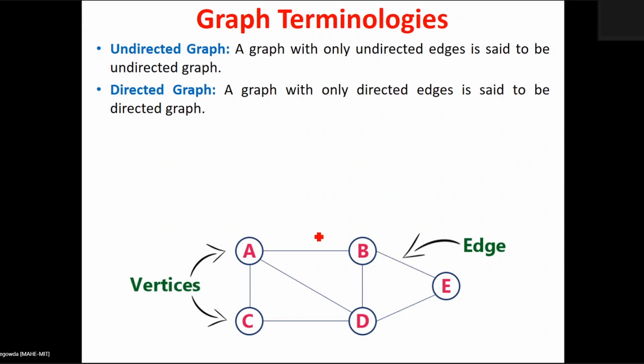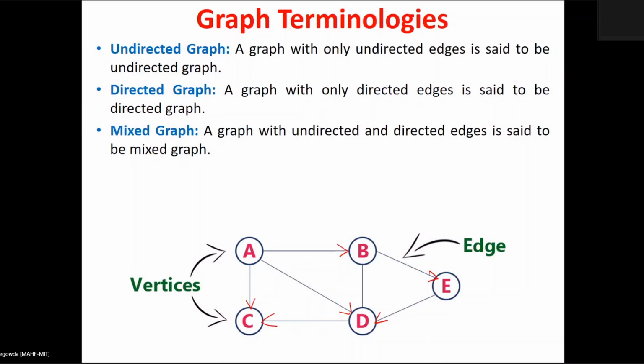I just convert this undirected graph into a directed graph; here I am going to put a directed edge. Now this is the example for the directed graph. We have directed edges, and the direction should always be unilateral.